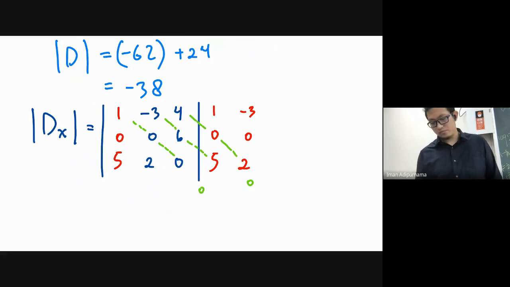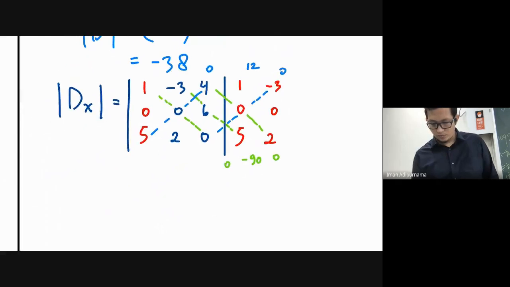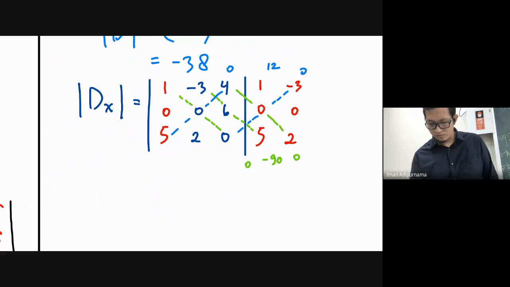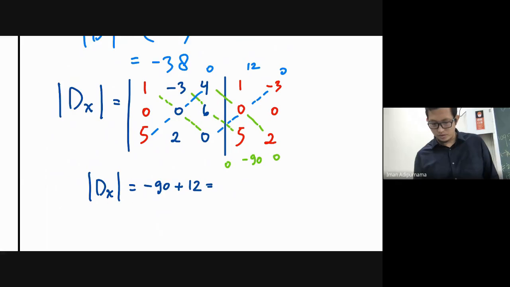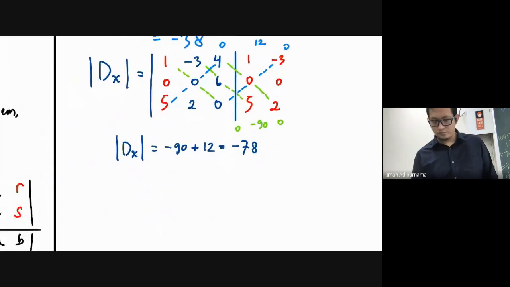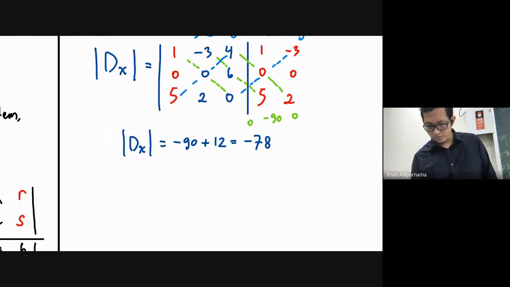Zero, zero. So the x is negative 90 plus 12. It's negative 78, right?